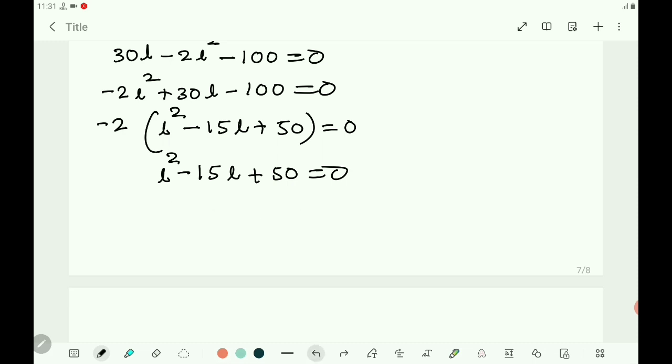Here the variable is L. Again you take the sum and product. In the place of L you can take X also. The product is L square into 50, equals 50L square, and sum equals middle term, that is 15L.